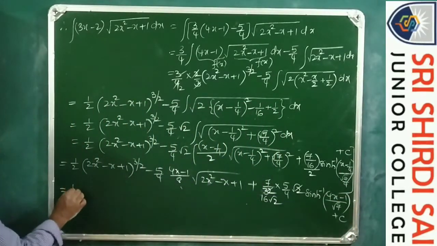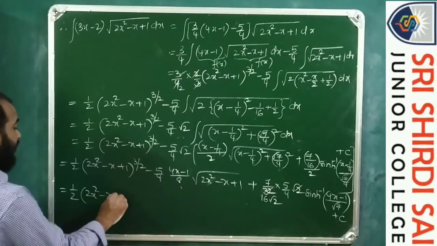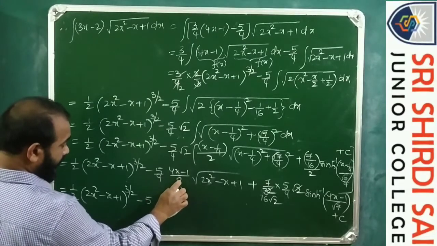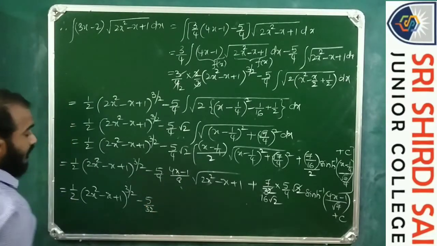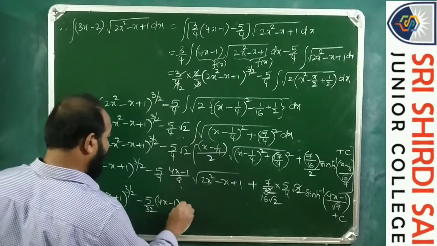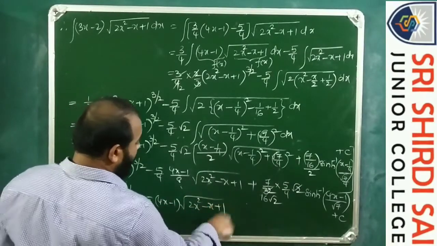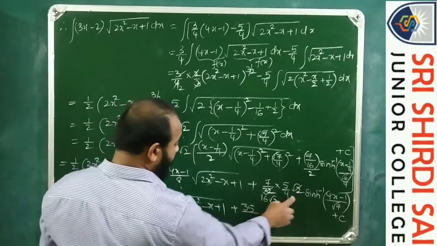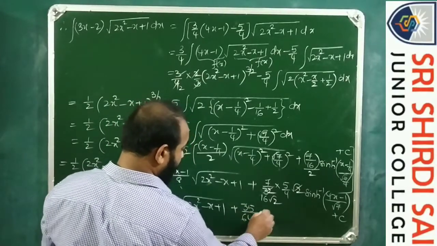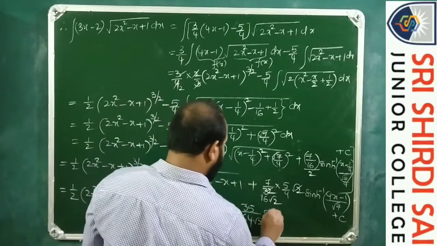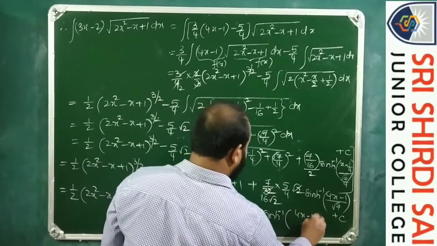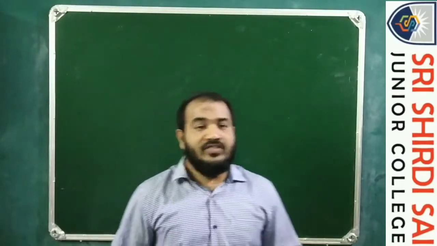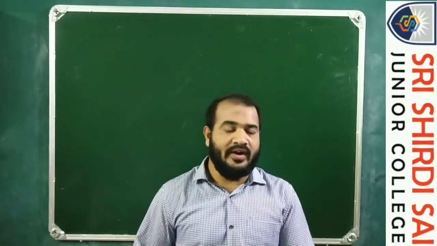Therefore the final answer is 1/2 into (2x² − x + 1) whole power 3/2 minus 5/4, 8s are 32, into (4x − 1) into square root of 2x² − x + 1 plus 7 5s are 35/16, 4 is 64, root 2 sinh inverse (4x − 1)/root 7 plus constant of integration c. So we have seen the combination of a linear and quadratic expression.